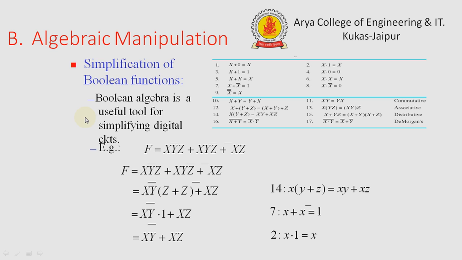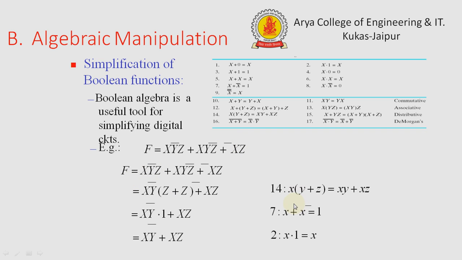So, simplification of Boolean functions. Boolean algebra is a useful tool for simplifying digital circuits. Here we can see the example: f equals x plus y bar z plus x y z bar plus x bar z.